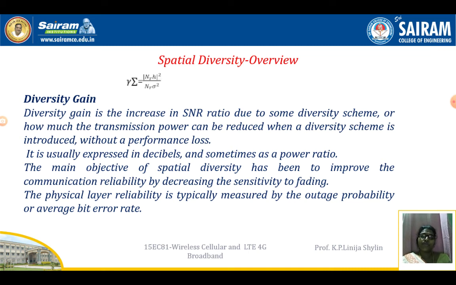Also, this diversity gain is expressed in terms of decibels, and sometimes it can also be in terms of power ratio.